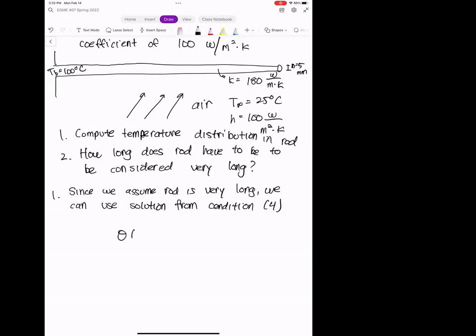Just to refresh your memory, that solution was theta of x is equal to theta b multiplied by e to the minus square root of hP over kA_c multiplied by x.